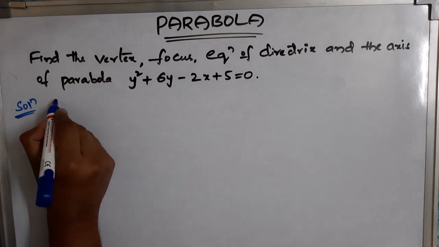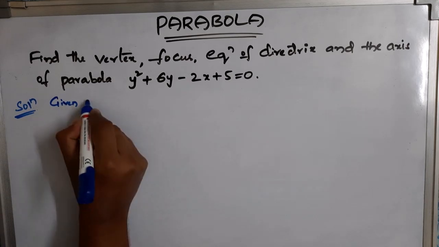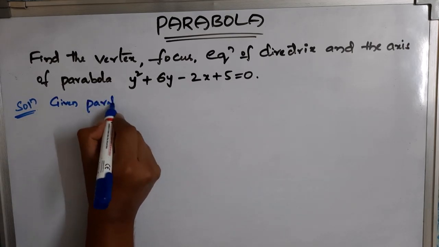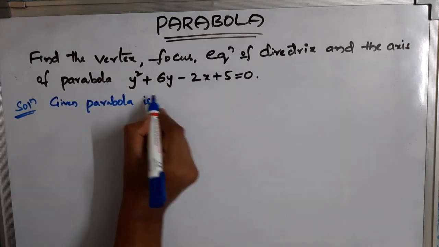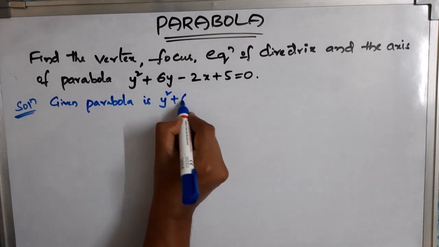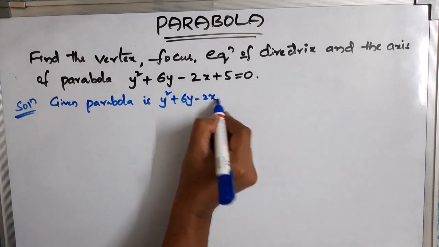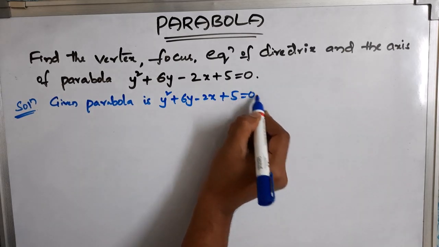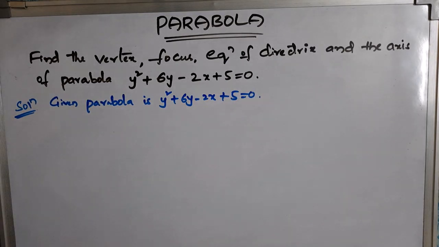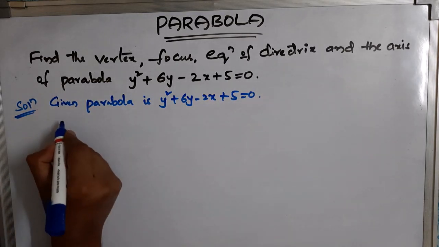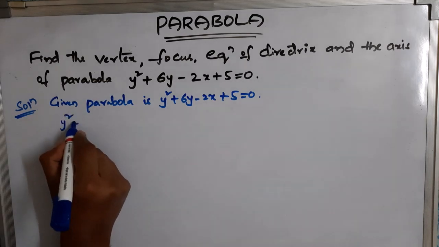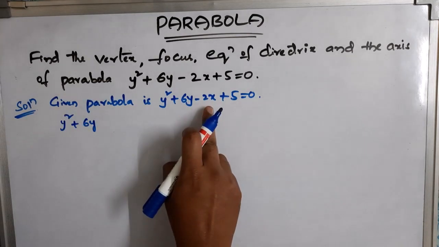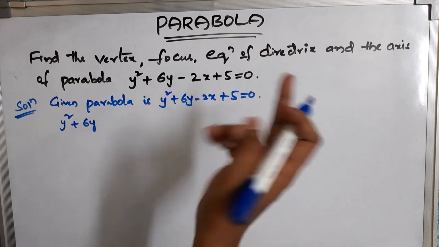Let us first write the given parabola. The given parabola is y square plus 6y minus 2x plus 5 is equals to 0. Okay. Now what I am going to do is keep y square plus 6y and take the minus 2x plus 5 to the other side.